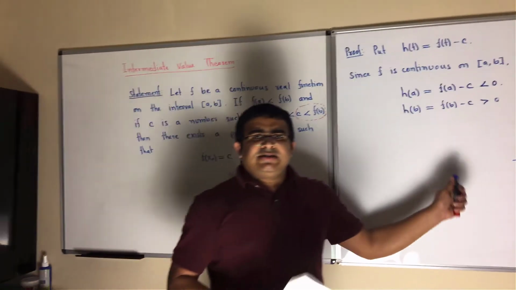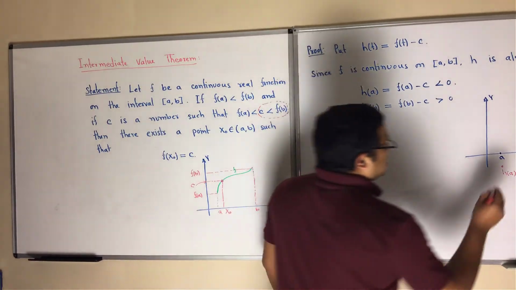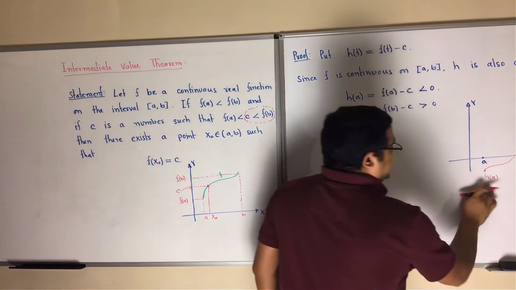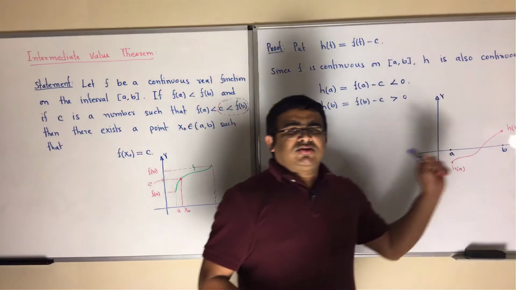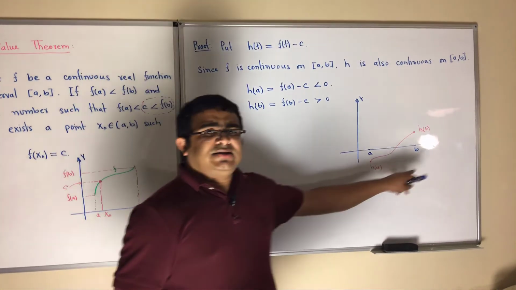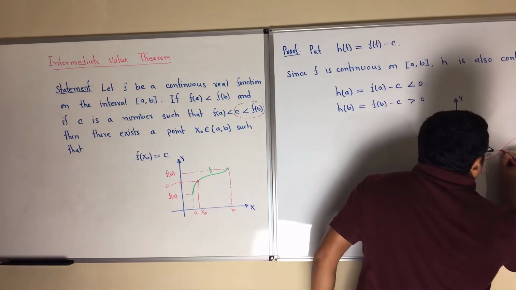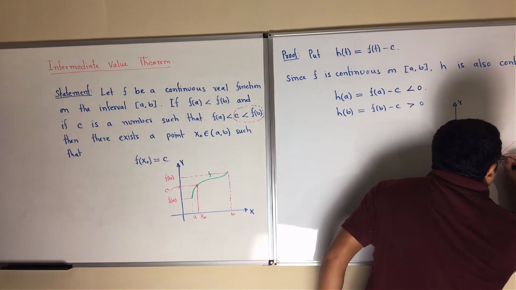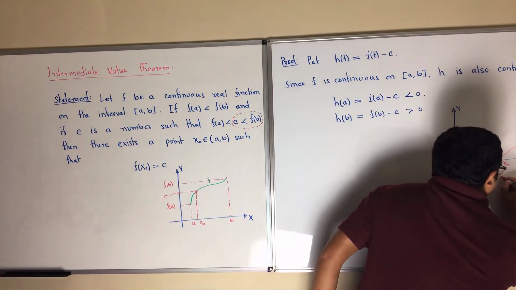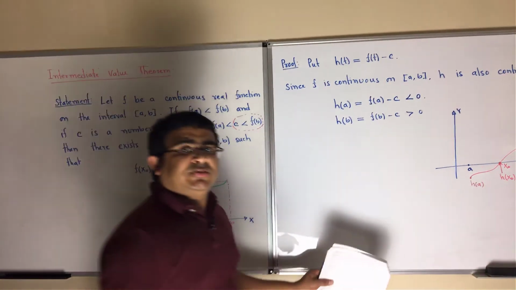Now since the function h is continuous, if we join those two points h of a and h of b, it has to cross the x axis because h is continuous. So at this point, suppose this is x0, h of x0 would be 0.